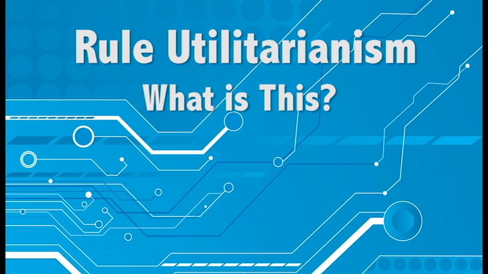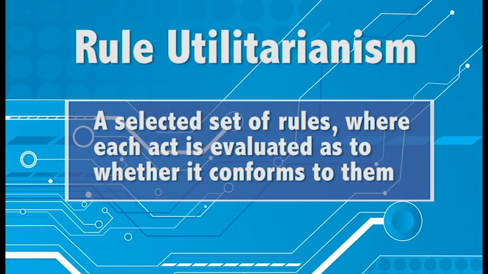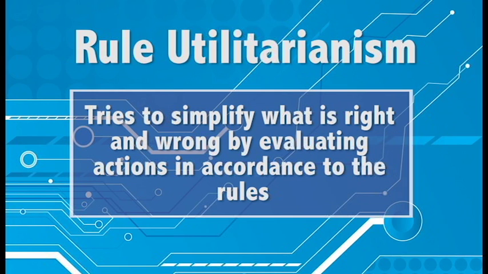First, we must ask, what is rule utilitarianism? Rule utilitarianism is defined as a selected set of rules where each act is evaluated as to whether it conforms to them. The basis of this ethical approach seeks to simplify what is right and wrong by evaluating actions in accordance with the rules.